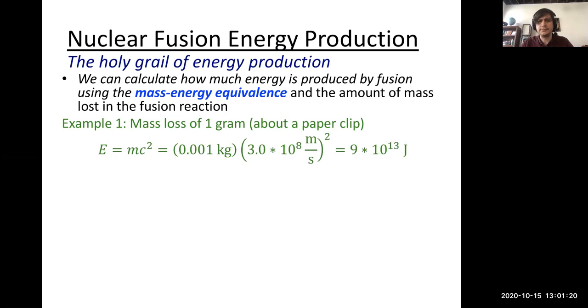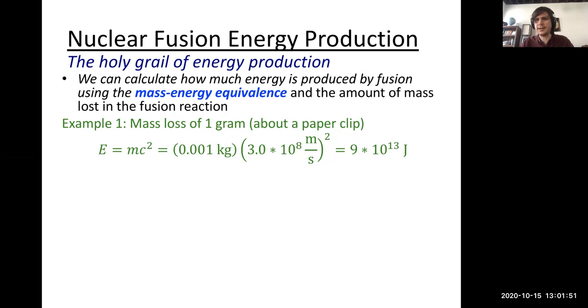Okay, let's run through it. We can use E equals mc squared and just plug in the numbers. We have the mass of about 1 gram, that's about 0.001 kilograms, times the speed of light squared. Calculate that out. You end up with 9 times 10 to the 13 joules, 90 trillion joules.